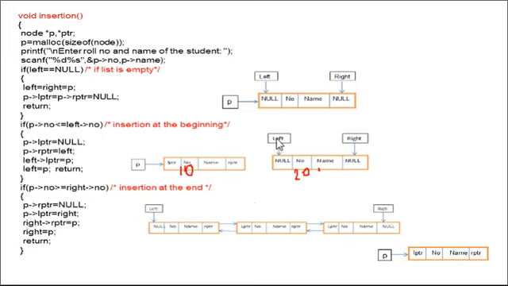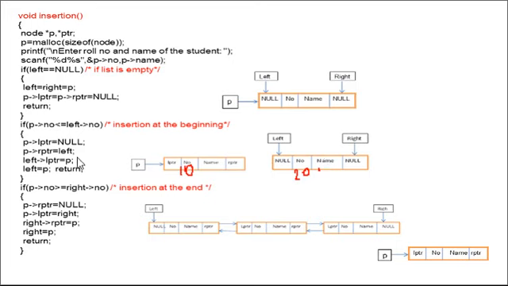Left pointer always points to the leftmost node, and the leftmost node number contains 20. So that means before the leftmost node we are going to insert the new node. So that is the case. In that case, how do we adjust the pointers or how do we insert this node? After inserting this node in this linked list, this node will become the first node and this node will become the second node.